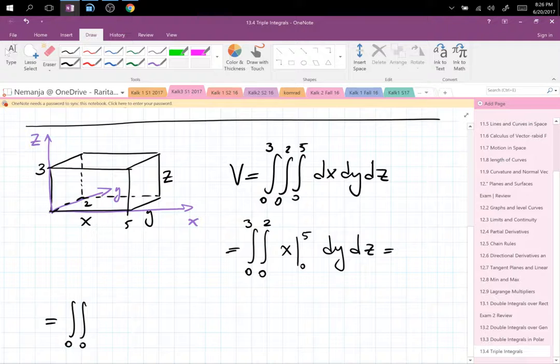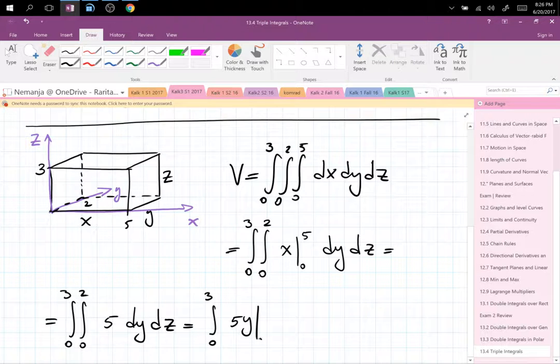Alright, looks like it's going to work now. So again, just like double integrals, we work the inner one first, then we integrate again the middle one. So that's going to be now 10.